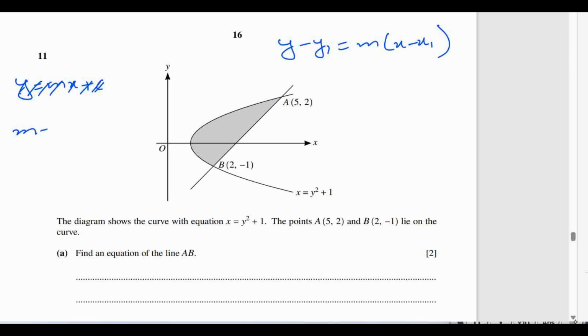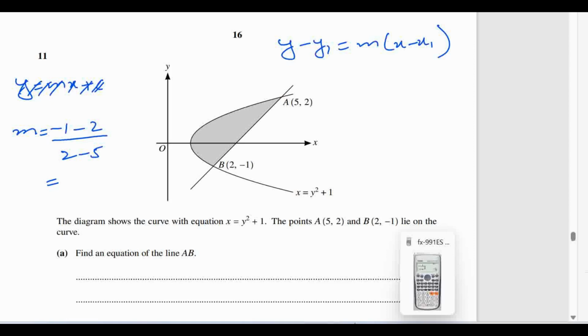So m will be equals to (-1 minus 2) divided by (2 minus 5). So this will be equals to -3 by -3, and this will be equals to 1. So slope is 1. Now we can just put the value over here. So we will use, let's suppose, the first point.